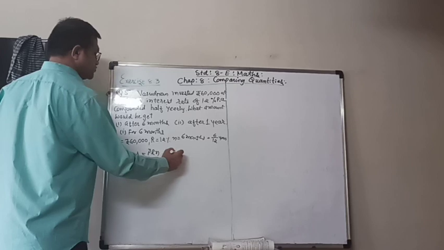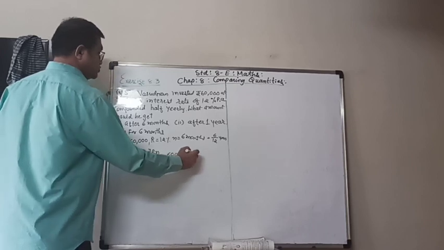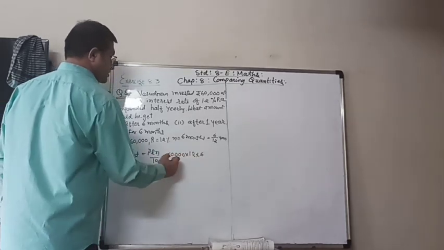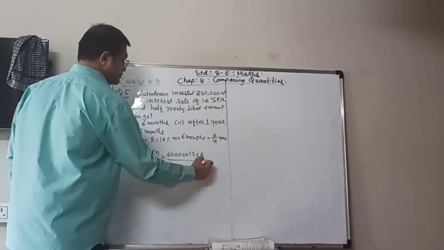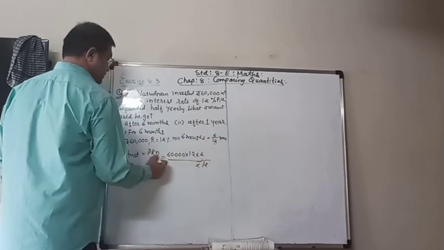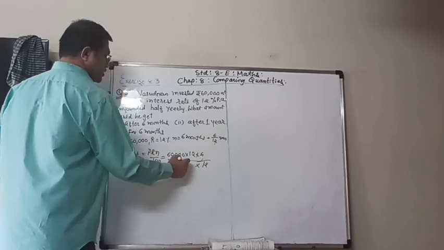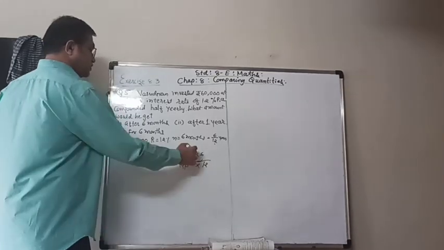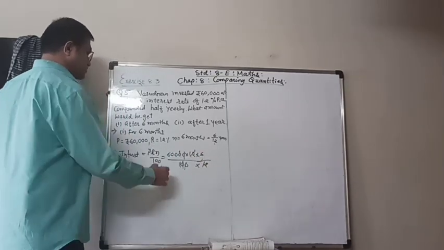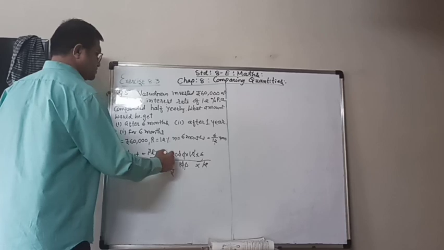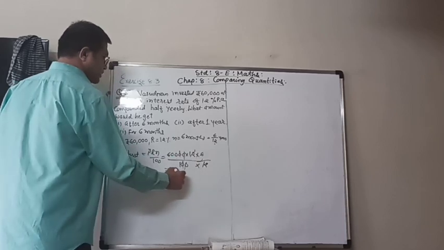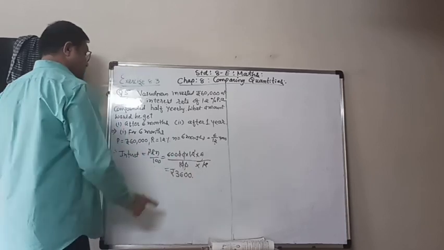That is 60,000 into 12 into 6 upon 12 and that 100. So 2 zeros are cancelled, 12 and 12 are also cancelled. So rupees 6 sixes are 36, 3,600, that is the interest.